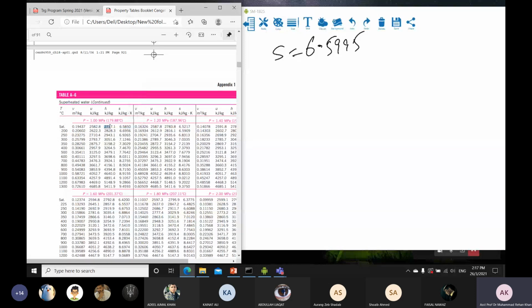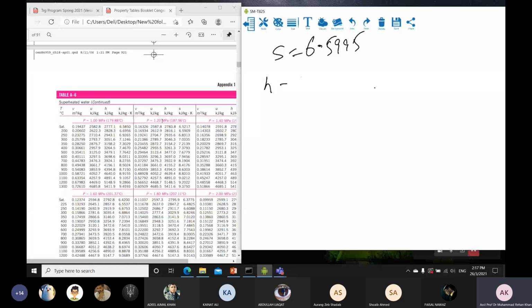Similarly, we also know that at point 1 the enthalpy is 2777.1, and at the other point it is 2828.3. So we have to find the enthalpy in between these states. Now we start with the interpolation. Because it comes from mathematics, we already know how to do it. The H which we have to find is in between 2777.1 and 2828.3, and it is unknown to us. We have to find it.